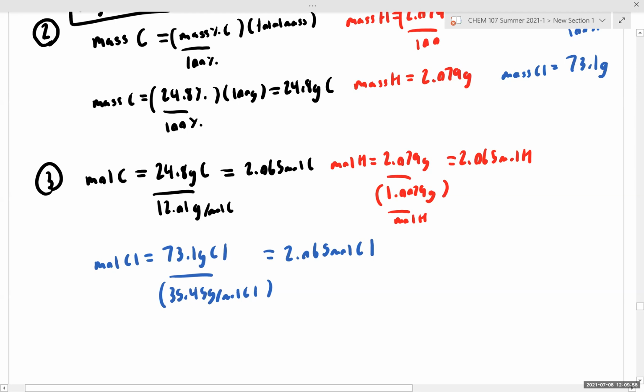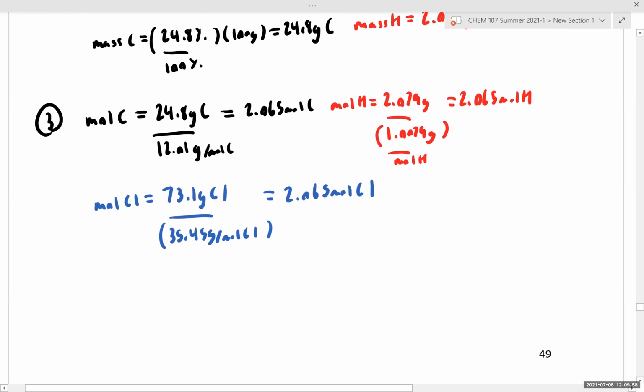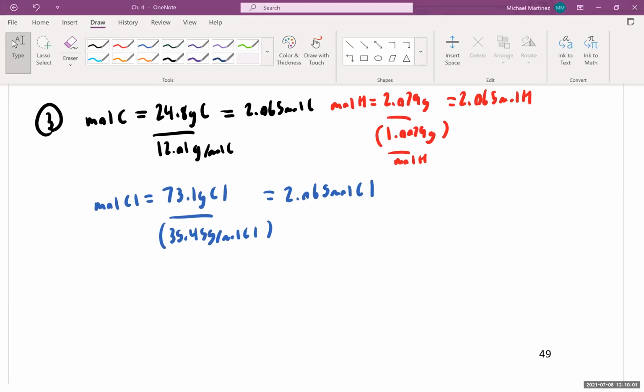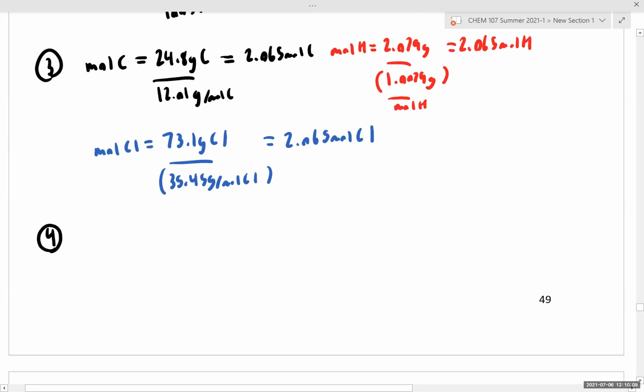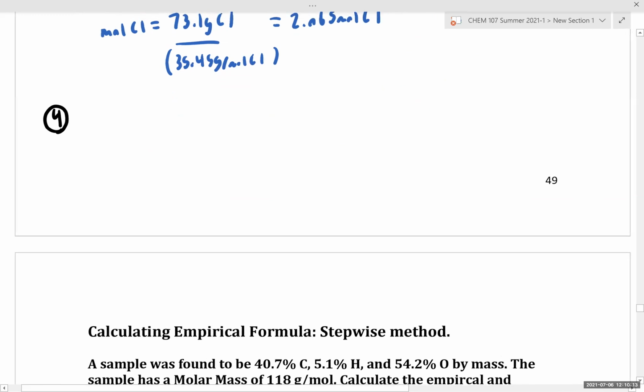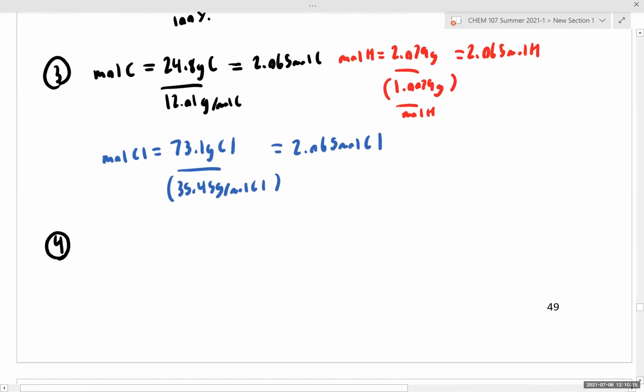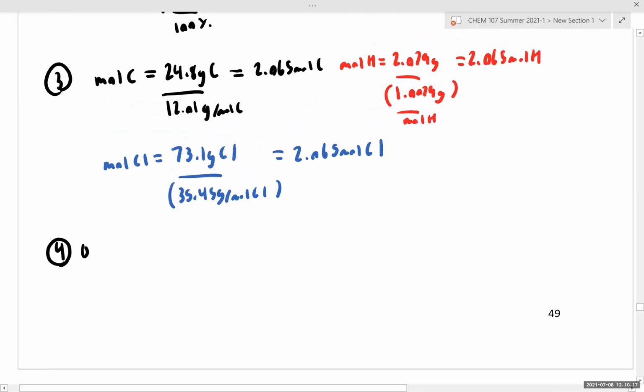Perfect. So now that we have the moles of each element, we're going to calculate the empirical formula by taking the mole to mole ratio. And I find the easiest way to get a whole number ratio of elements is to divide by the smallest number of moles.